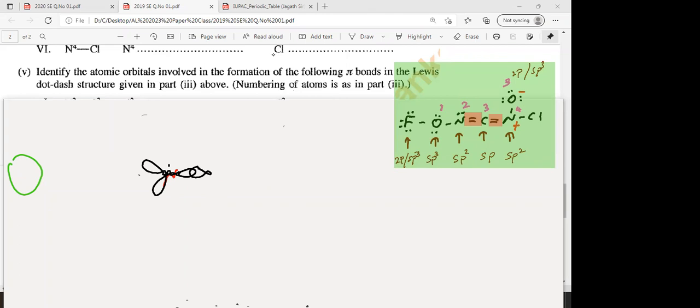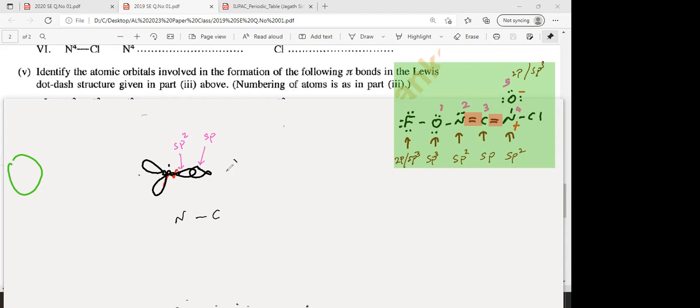This is sp2 and this is sp. The sp2 and sp linear overlapping forms a nitrogen-carbon sigma bond.